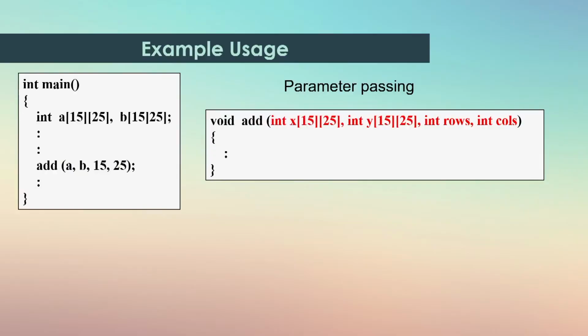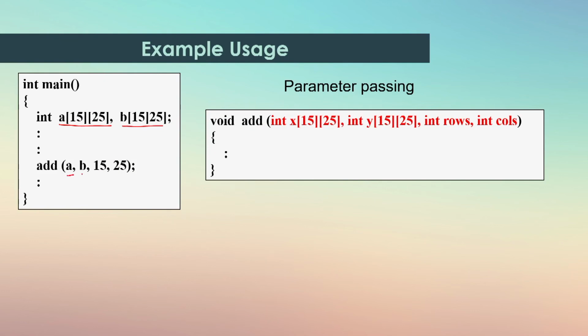And if we are using functions, can 2D arrays be passed as parameters to the functions? Yes, it can be done. We are supposed to just pass the array name as the parameter. The starting address of the array is passed as the parameter to the function. Here you can see a simple example. A is an array, B is also an array, which have to be passed as parameters to the particular function.